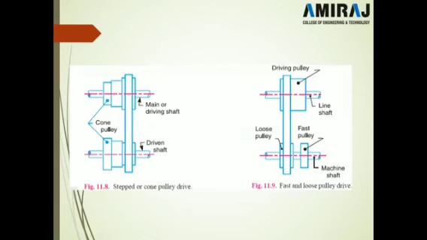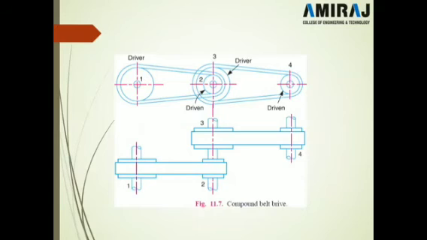The tap or open pulley drive, and fast and loose pulley drive are also types of belt drives which are used to transmit power between two shafts. Now, in the compound belt drive, the speed ratio is not going to be changed, right?